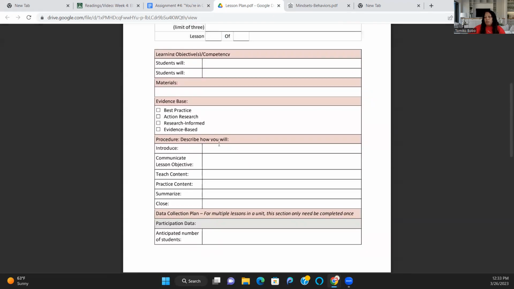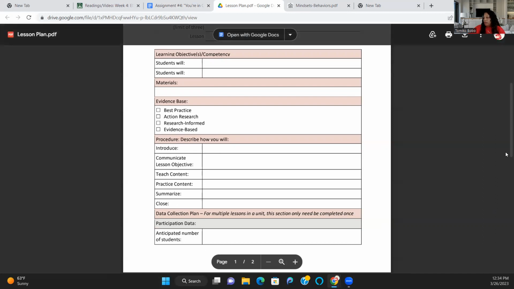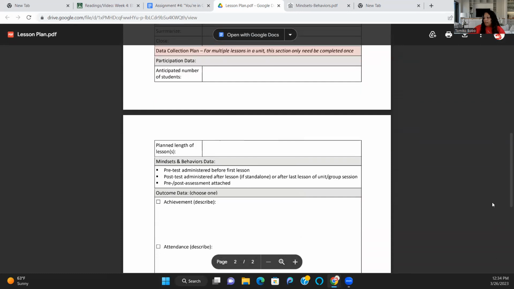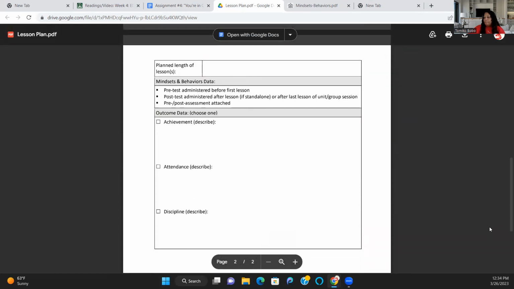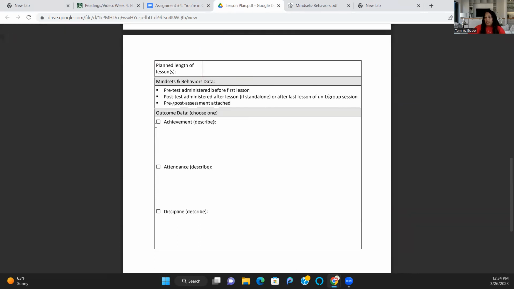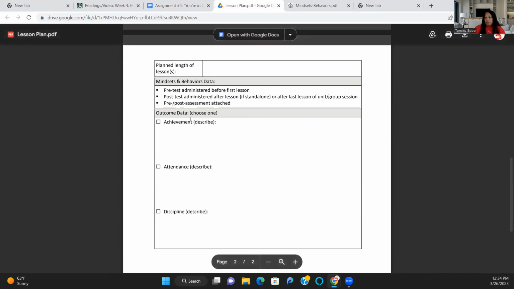And then here, this is where you will describe how to introduce the lesson, communicate the lesson objectives, teach the content, practice the content, summarize, and close, all right? And then the data, the anticipated number of students in this particular lesson, the possible length of the lesson, the pre and post test, and the outcome data.